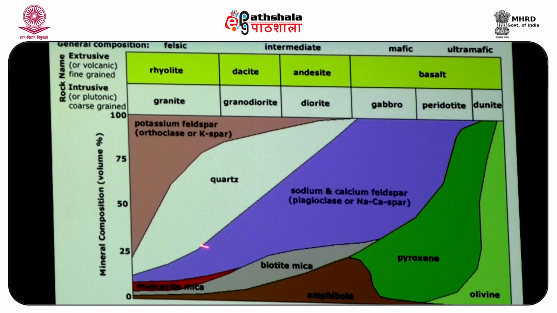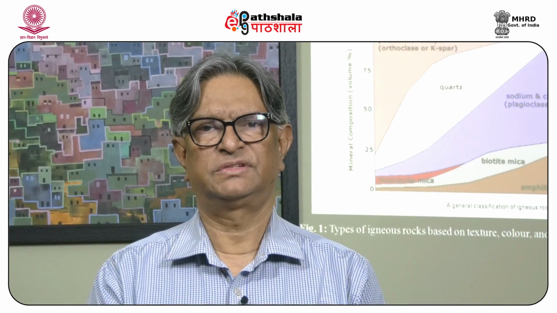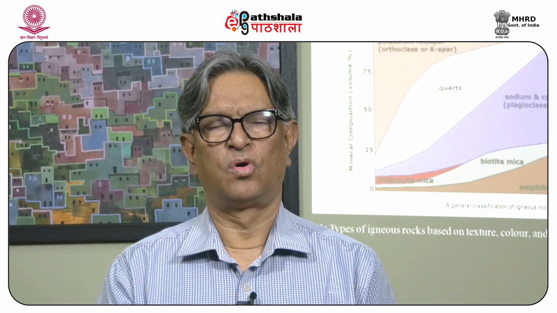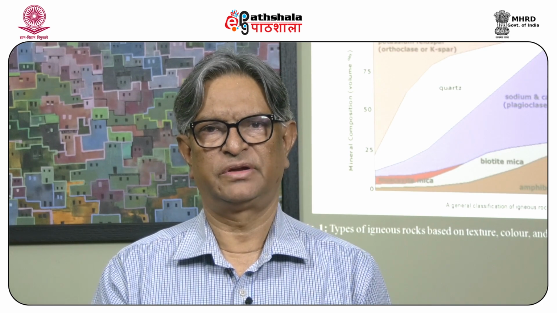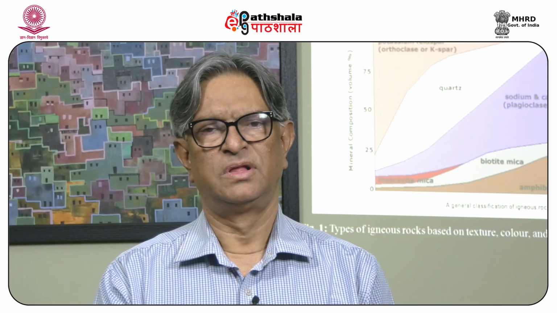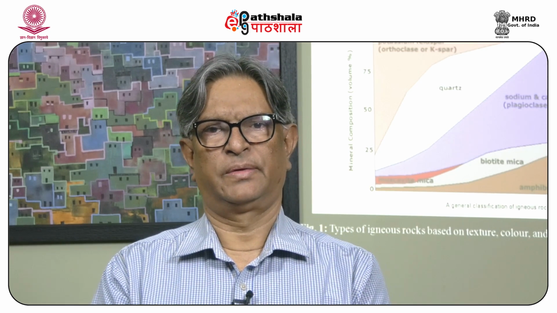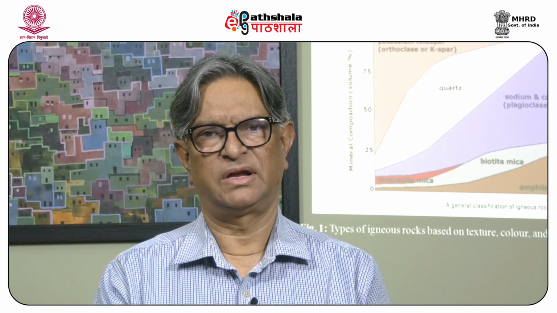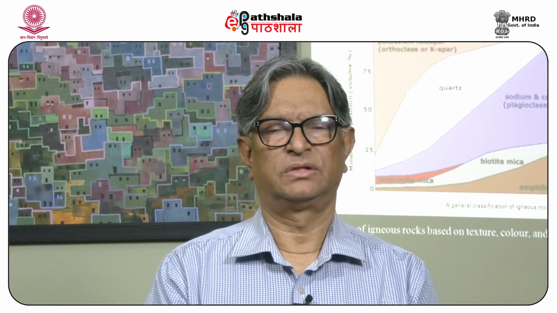So this is the general classification based on mineralogy, how the mineralogy changes and the rock type changes. So what we see is from left to right, we go from more felsic to intermediate to basic to ultrabasic, or more mafic rocks and ultramafic rocks on the right, and more felsic rocks on the left.